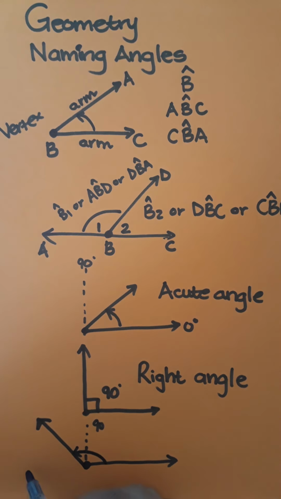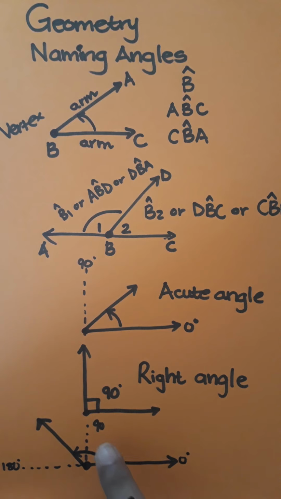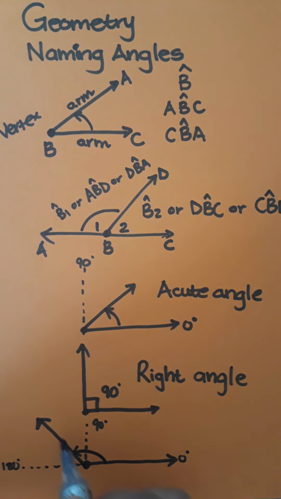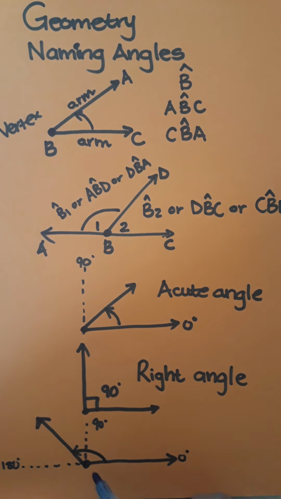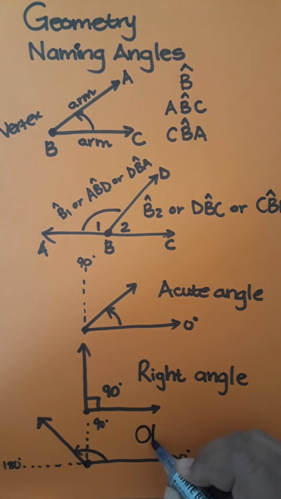This would normally be 180 degrees. This starting point is 0. So 0, 90 degrees. And look where this ray is. The position of that ray is greater than 90 but less than 180. That angle there is greater than 90 degrees, but it's smaller than 180, and we call this an obtuse angle.